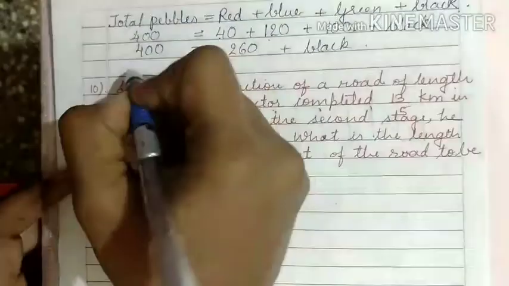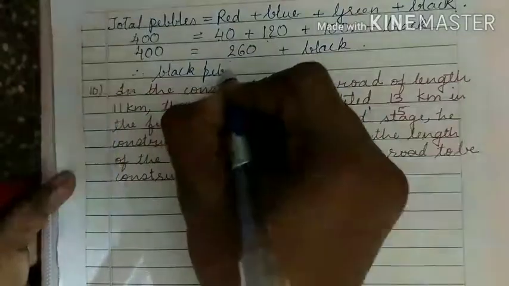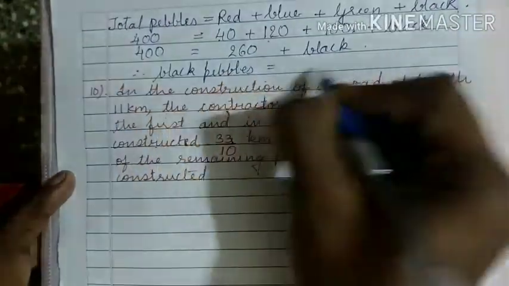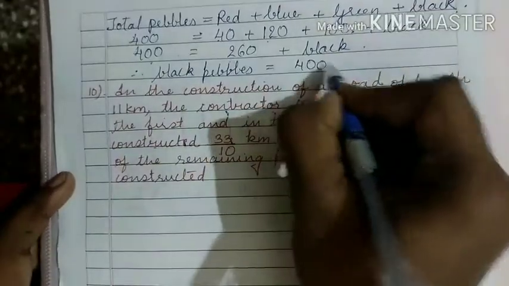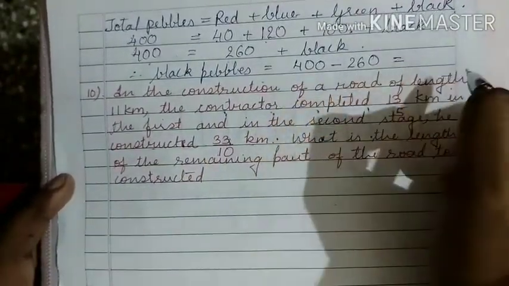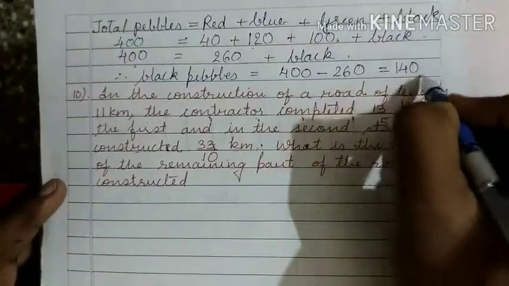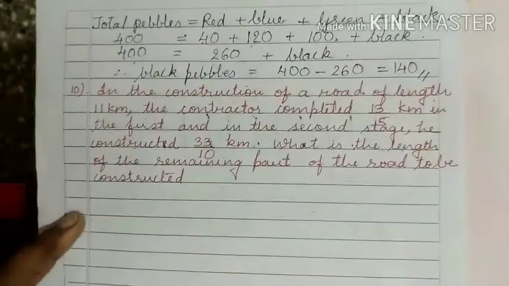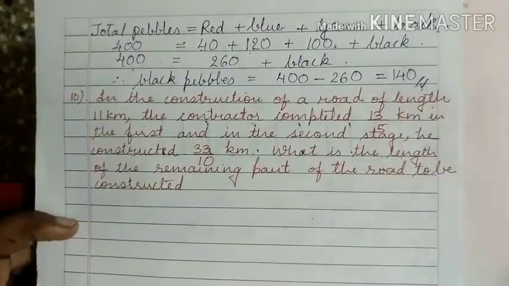Yes. So therefore, black pebbles is equal to 400, this 260 will go this side, minus 260, which is equal to 140. So the total number of black pebbles is 140.